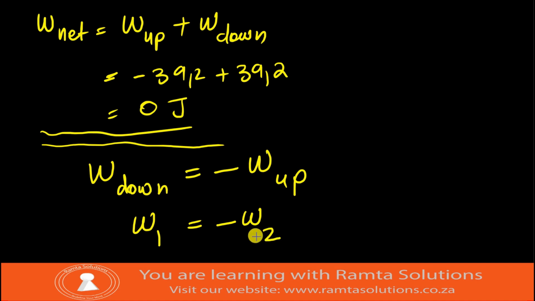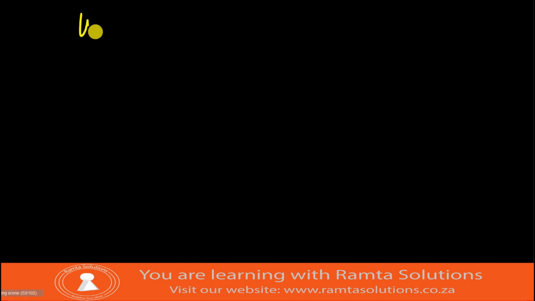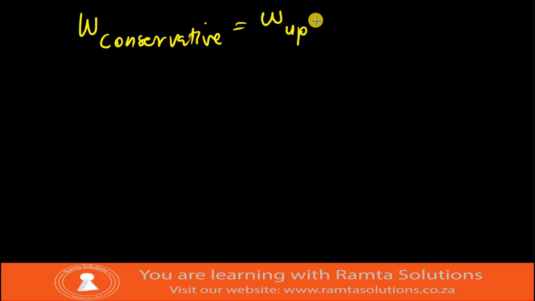All right? So having said that, you will recall we have said W net, and in this case, W done by a conservative force, is equal to work done for upward motion plus work done by downward motion, right?